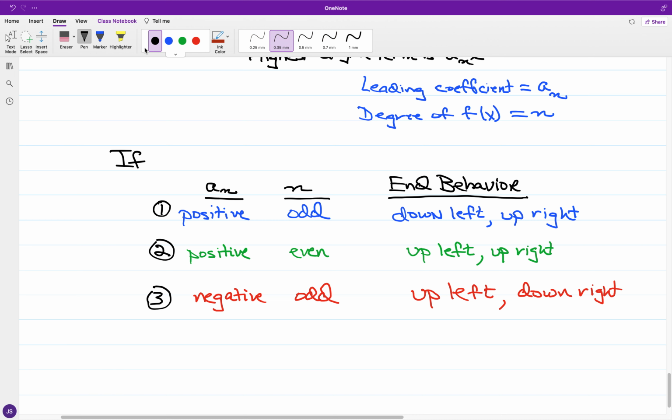Then we have the fourth and remaining case, where the leading coefficient is negative while the degree is an even value. Kind of like a parabola that opens down, where the leading coefficient is negative, you have it opening downward, so you have down to the left and down to the right.